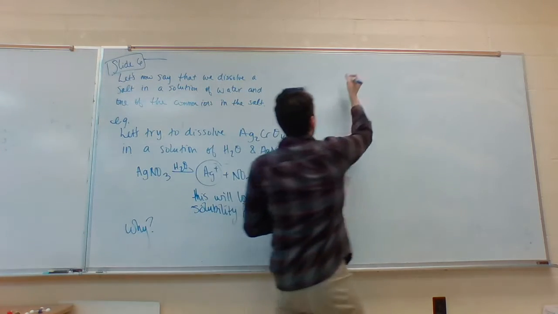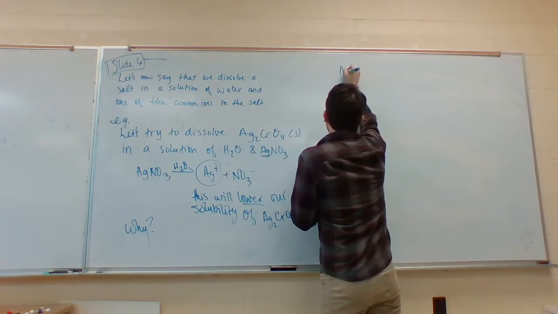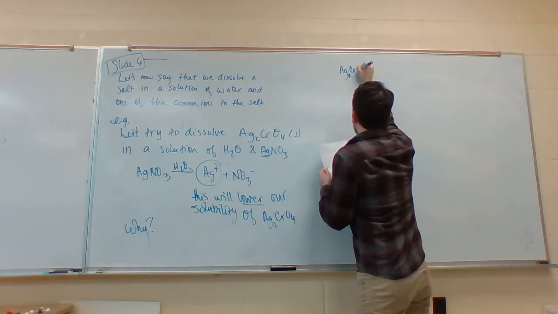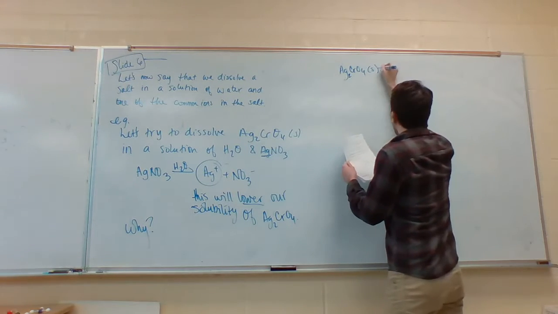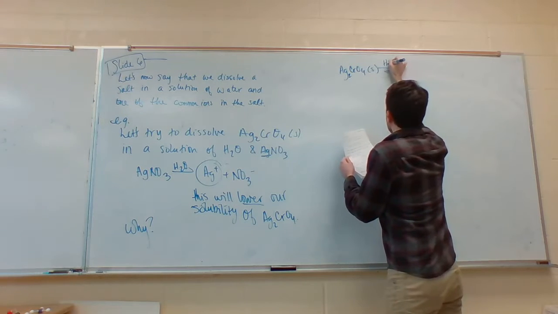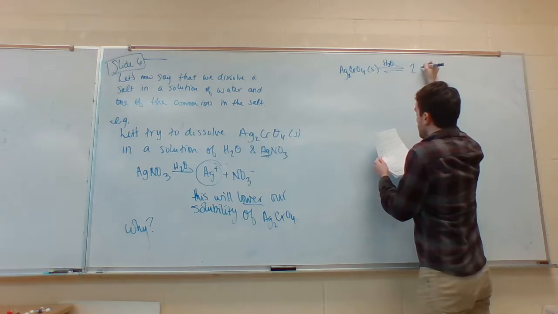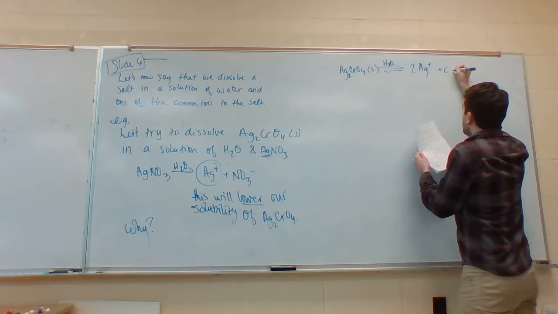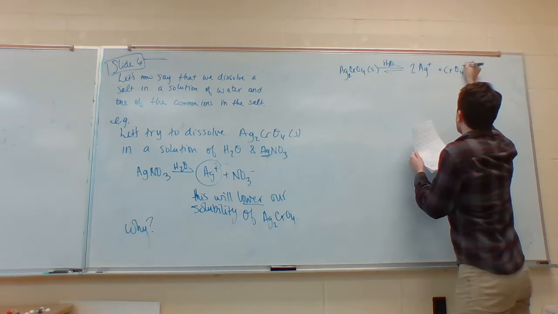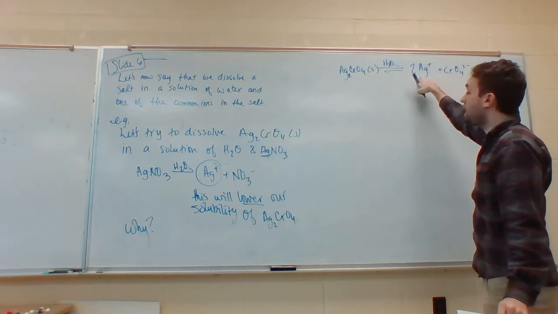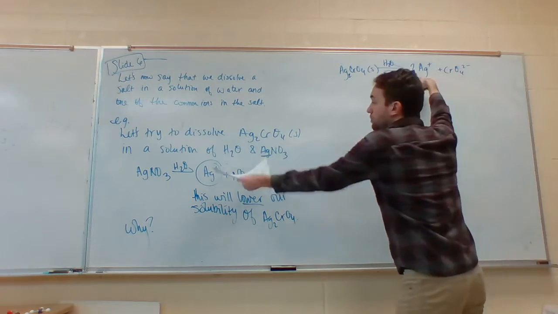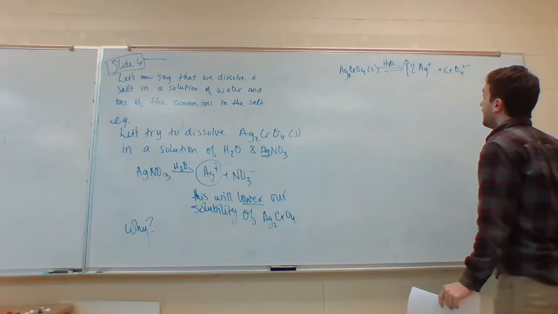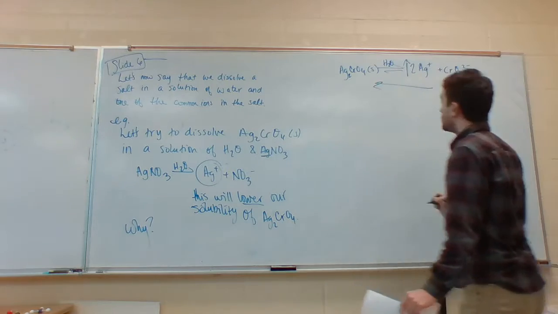Well, let's consider our equilibrium. We know that we have Ag2CrO4 solid, and we're going to be adding that into water, and part of it will dissolve and will establish an equilibrium with 2Ag plus and CrO4 2 minus. Okay? If we add more Ag plus into solution, that would be like increasing that side, which will push our equilibrium to the left.